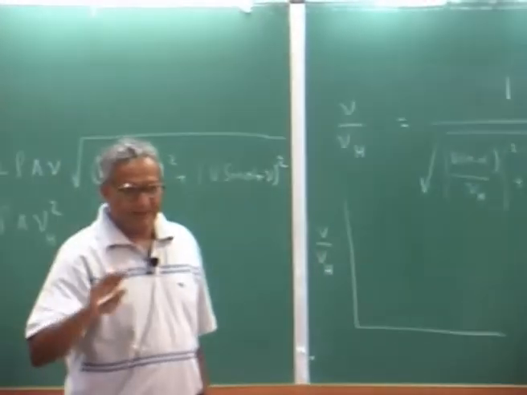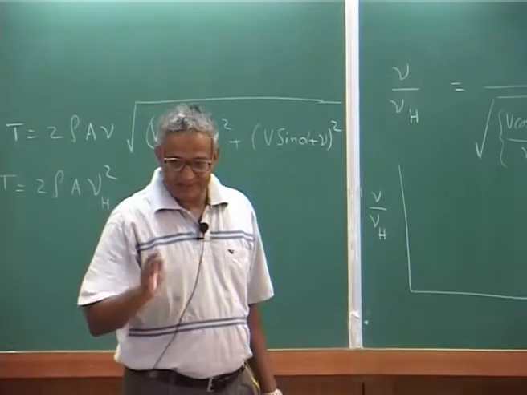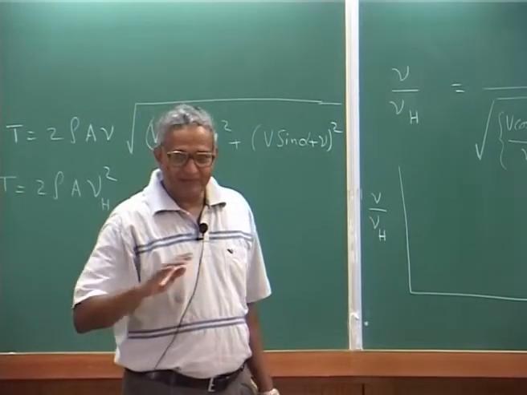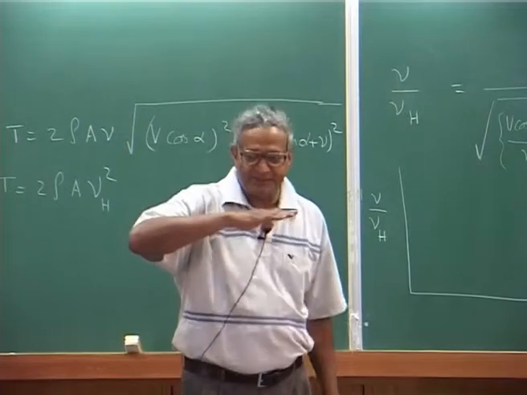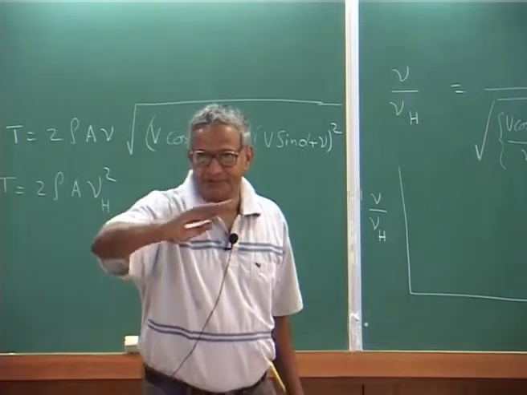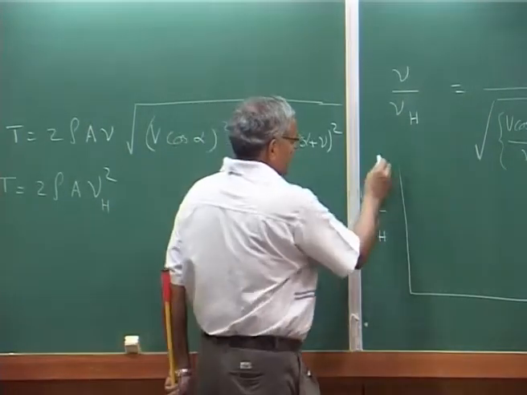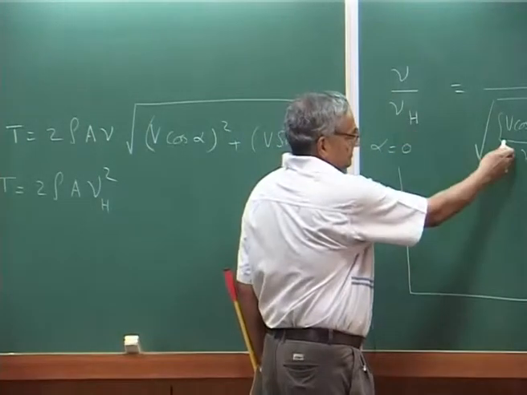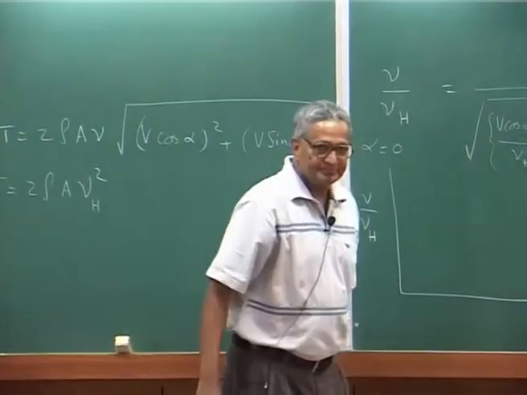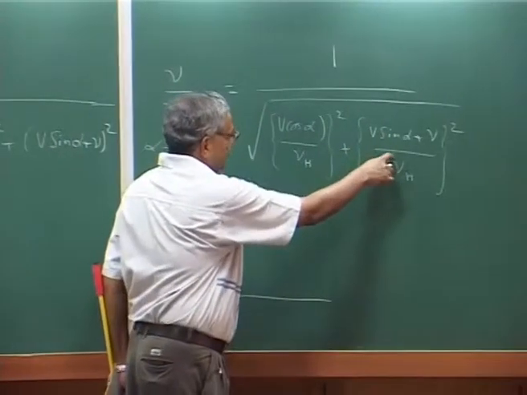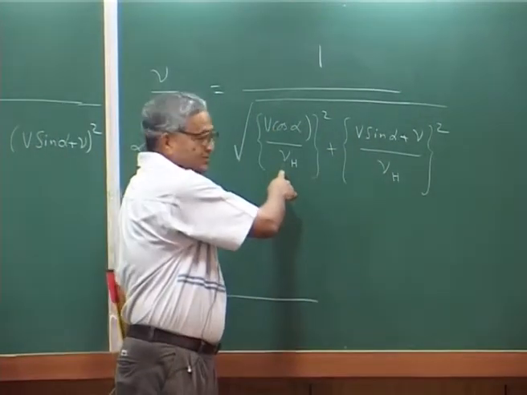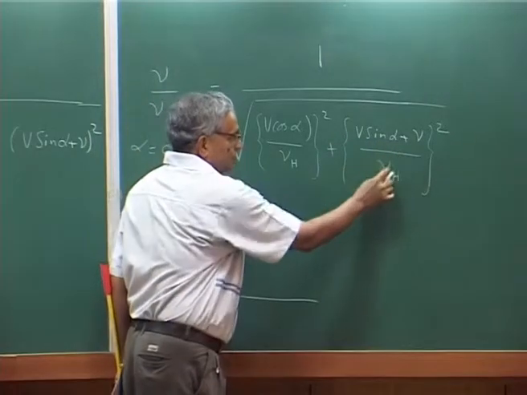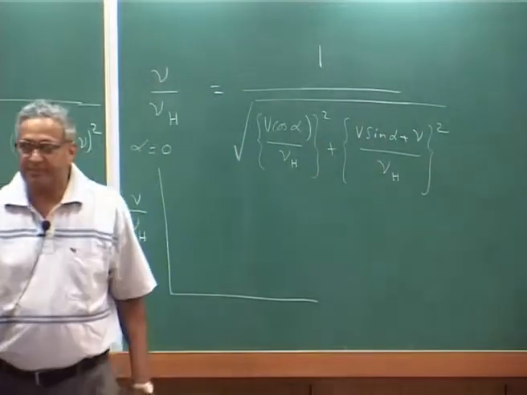Suppose let us take alpha is 0, that is easy. If we take alpha 0, that means the disc is flying forward straight. Now you can set alpha 0, then this term will go off, V over nu h squared plus nu over nu h whole squared.